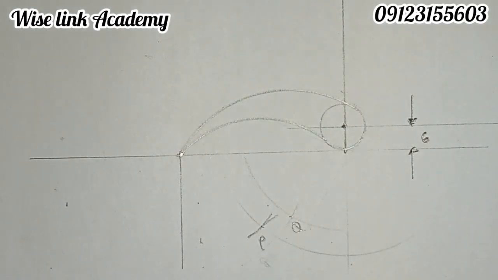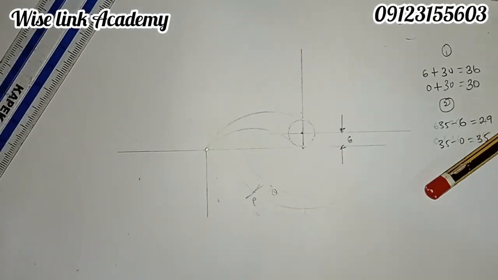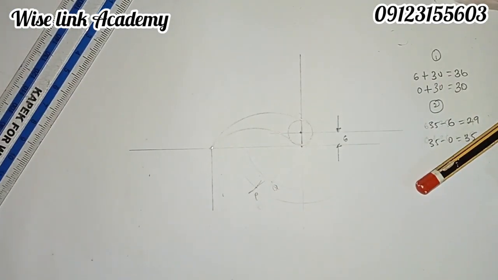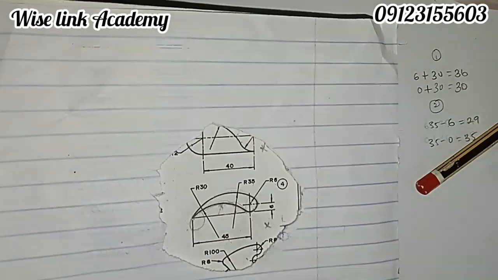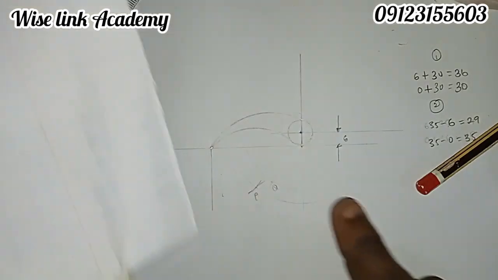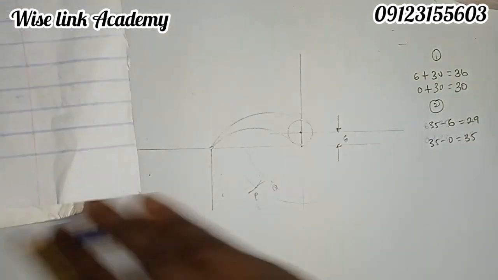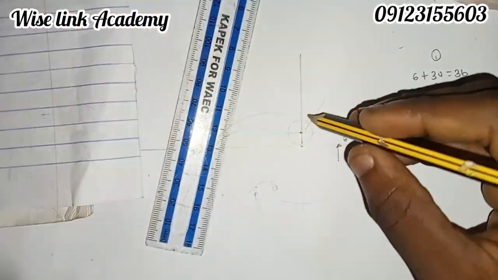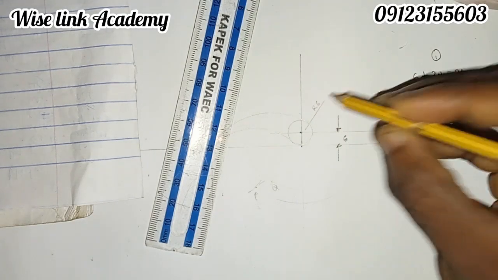So we have successfully drawn our tangency problem. You can see this is what we are having, and this is what we are having here too. So let's indicate the measurements. We're having here radius 6.